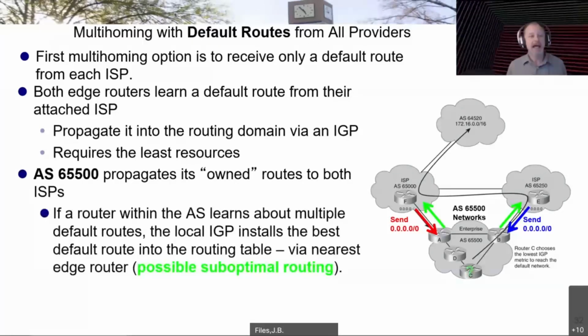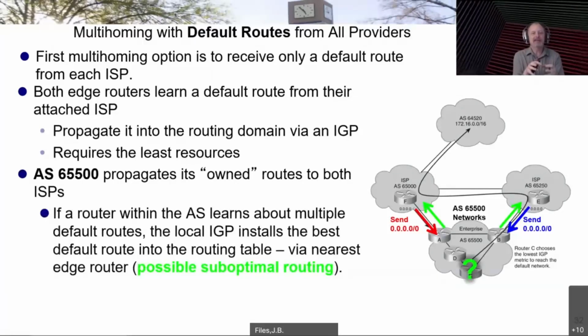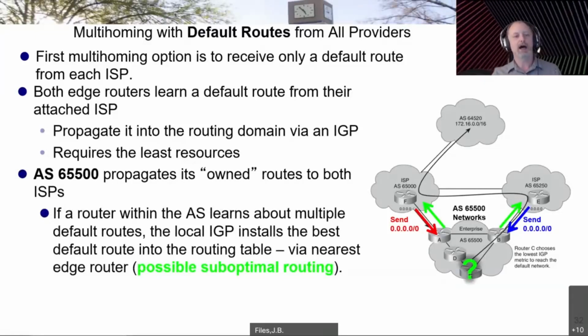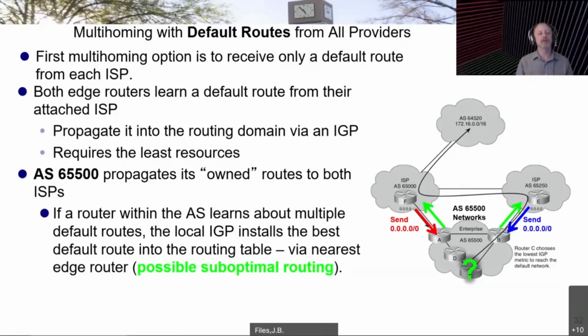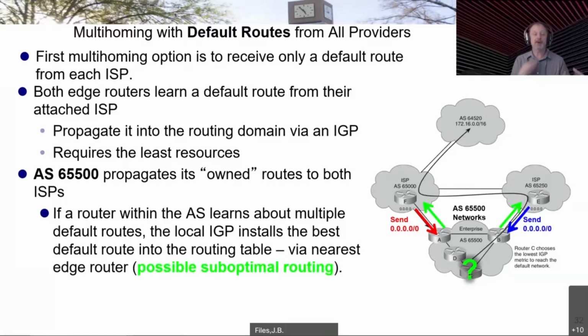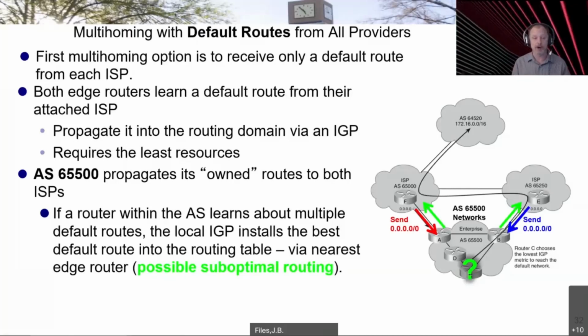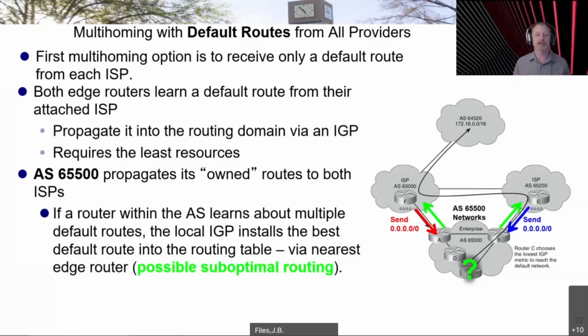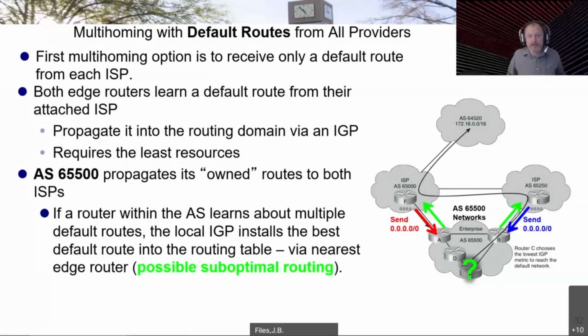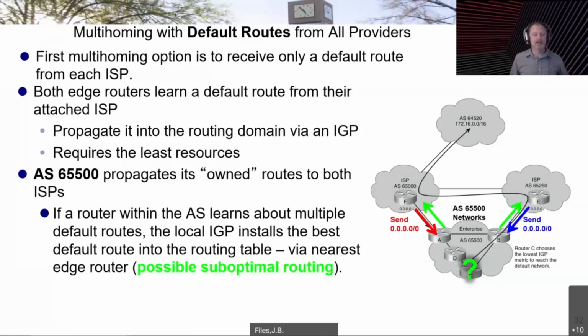So if a router inside of our autonomous system, down there at the bottom with the question mark, learns about multiple default routes, well, the interior gateway protocol, the routing protocol inside of our autonomous system, one of those default routes, possibly both, will get installed.